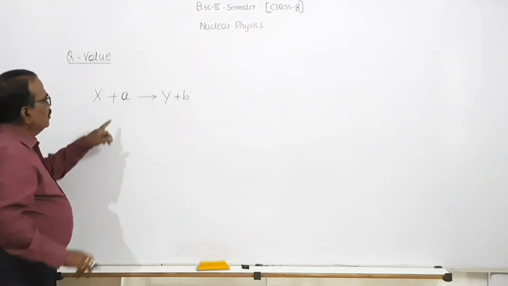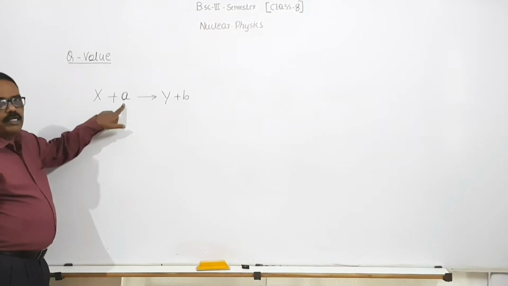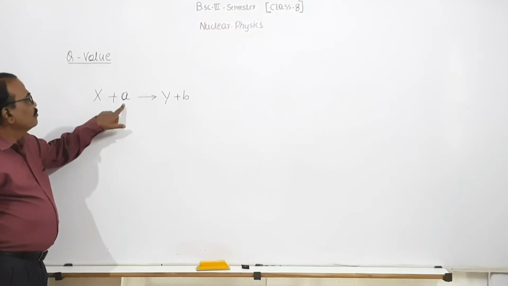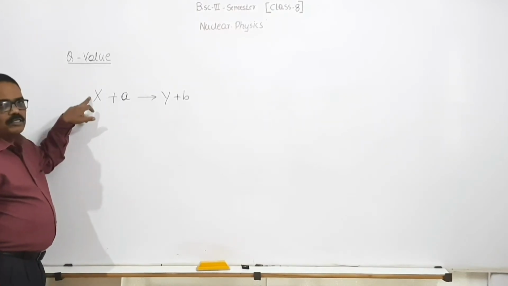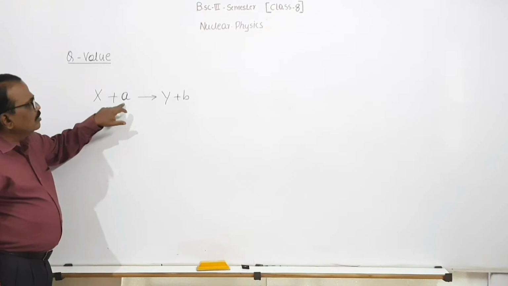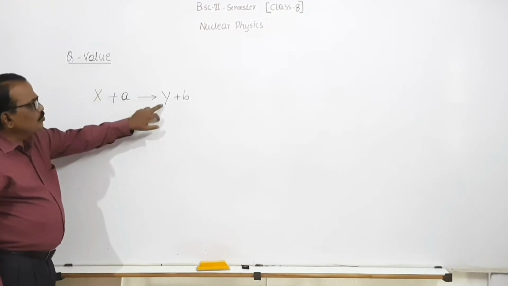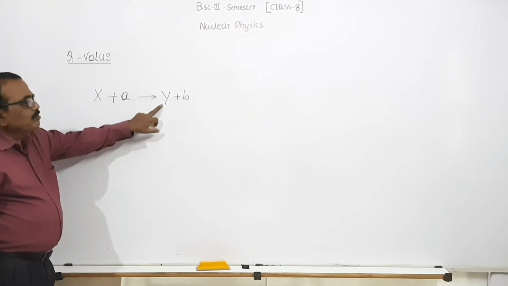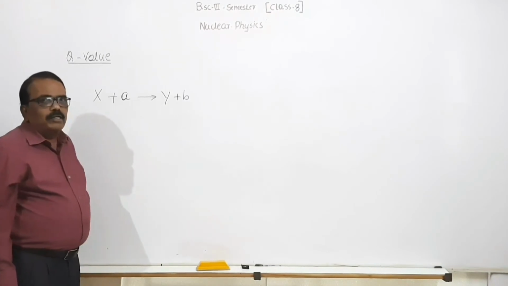Here a is the projectile particle, x is the target nucleus. This projectile particle changes x to y, emitting another particle b.